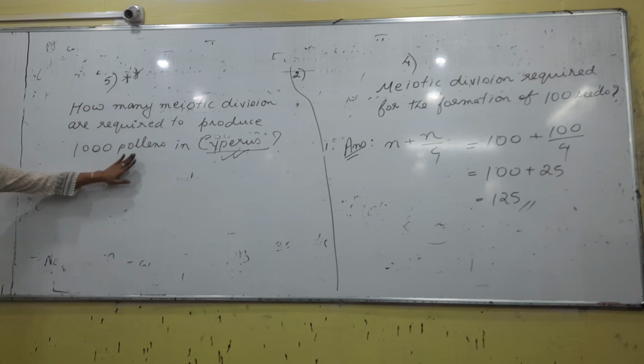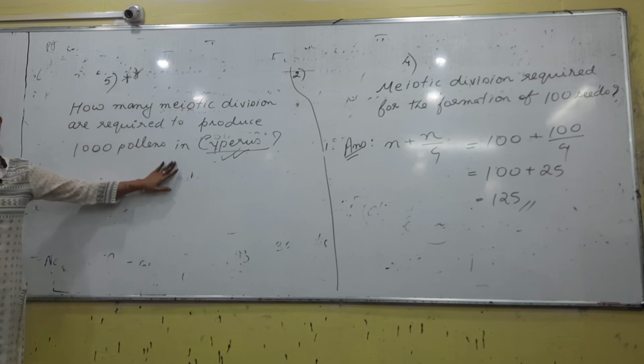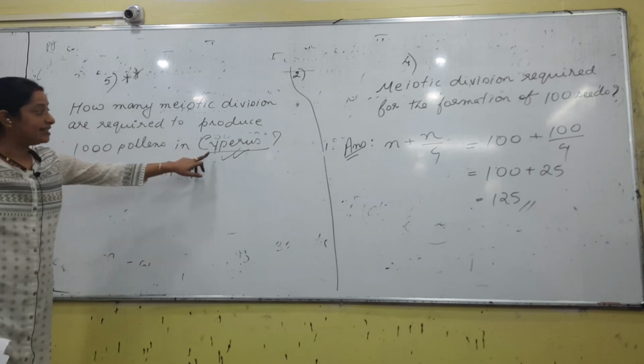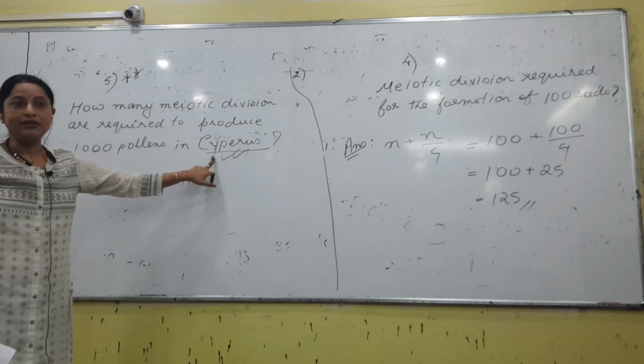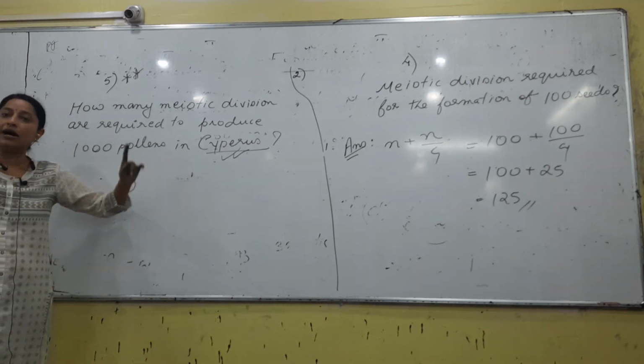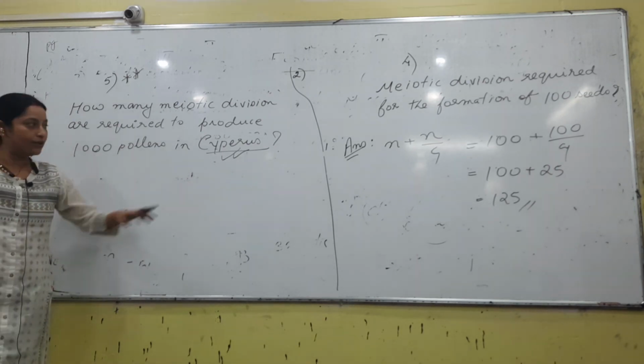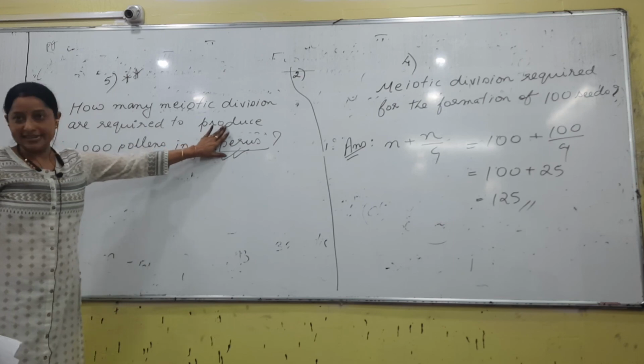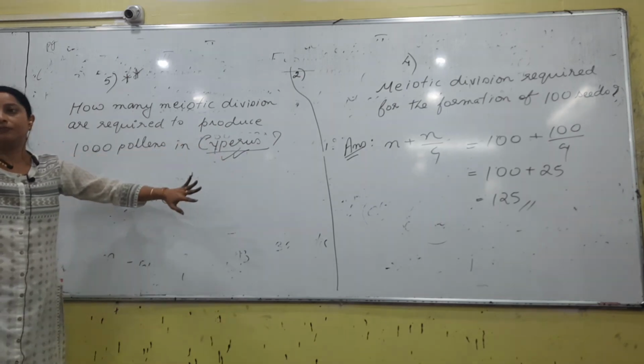But here there was an exception, so a question comes. Why is it an exception? Because in this plant only, only in case of Cyperus, out of the 4 pollen grains, only 1 pollen grain remains functional. So if the question mentions Cyperus, then it will be n by 4, right?